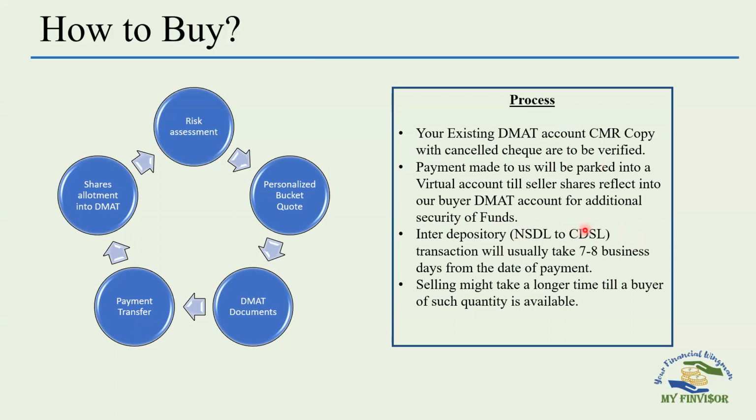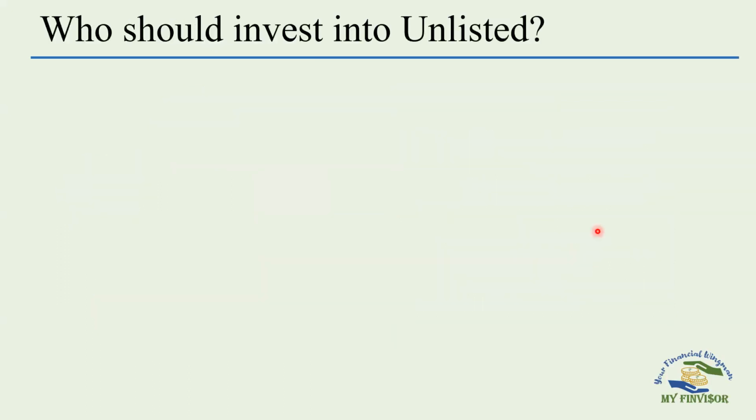But if it is inter-depository, like NSDL to CDSL or CDSL to NSDL, it usually takes 7 to 8 business days from the date of payment to the shares reflecting in the demat account. So you can check the shares of the company in your own demat account, wherever the trading account is. You just have to open it and check it.